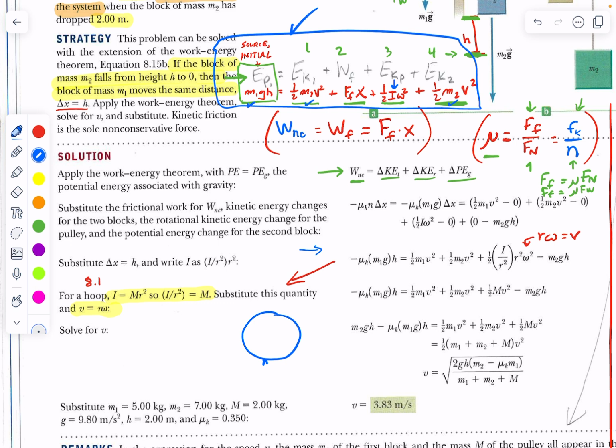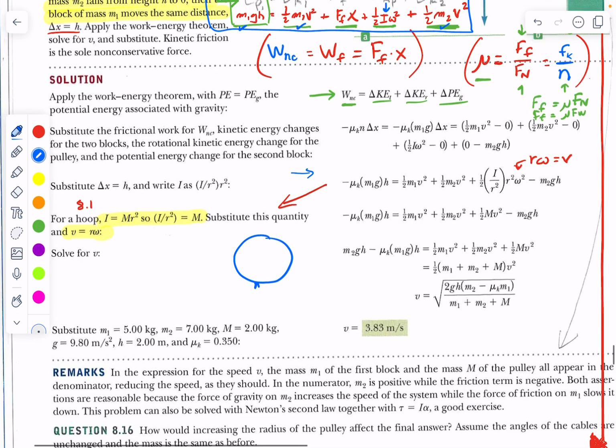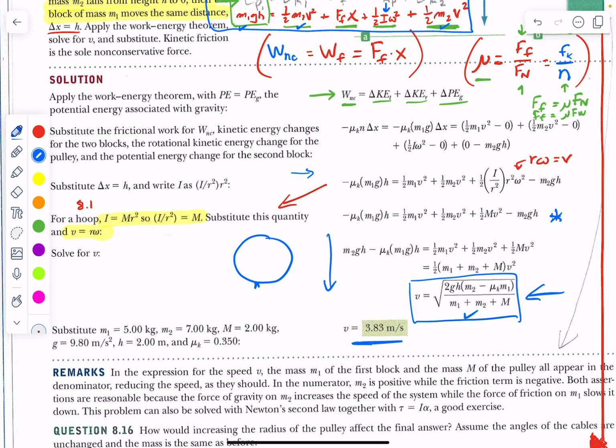And we're going to have to plug in all of those values, which we will do after we find V. Again, a lot of students like to plug in their values here and then solve for the velocity. Your textbook takes the more professional approach where they solve this equation for the velocity and now they plug in their values. They do not show you in the box here what values they plugged in, but those are over here. And so you get a velocity of 3.83 meters per second.